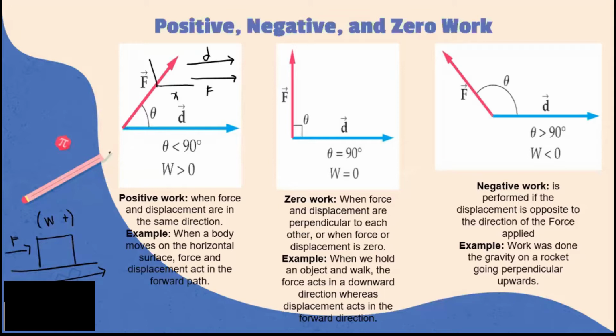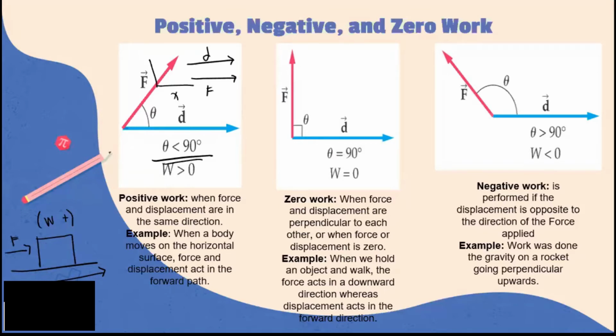Kailan nagpa-parallel yung x component? This happens kapag ang angle mo ay less than 90 degrees. So kapag less than 90 degrees yung angle, also kapag parallel and the same direction yung force vector mo kay displacement quantity mo, your work would be positive.